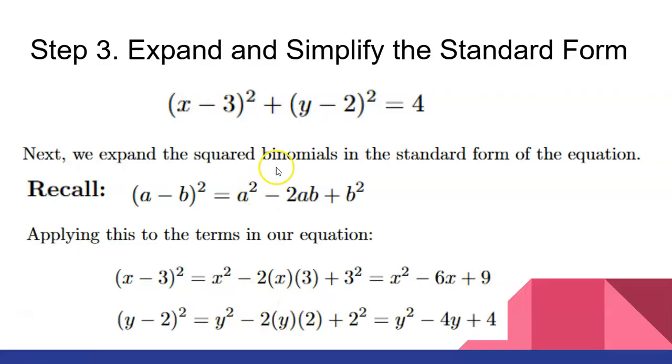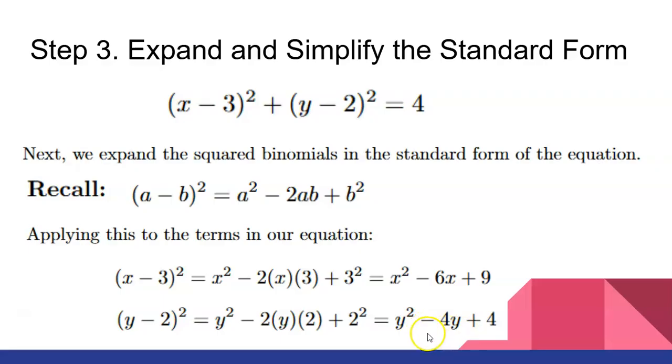Similarly, for the second squared binomial term, we have y minus 2 squared. Our a is equal to y and our b is equal to 2. So we have y squared minus 2 times y times 2, because a is equal to y and b is equal to 2, plus 2 squared, which is equal to y squared negative 4y, because 2 times 2 is 4.